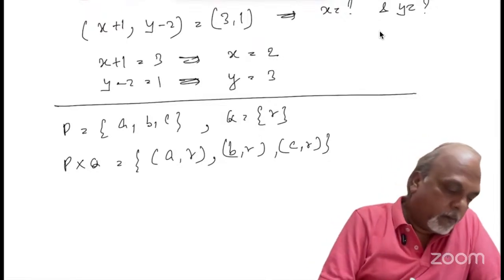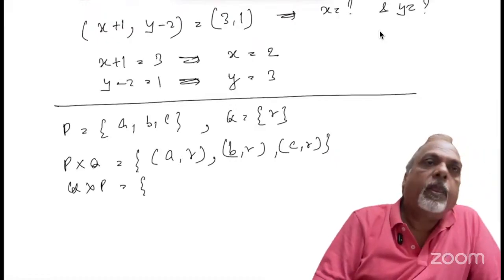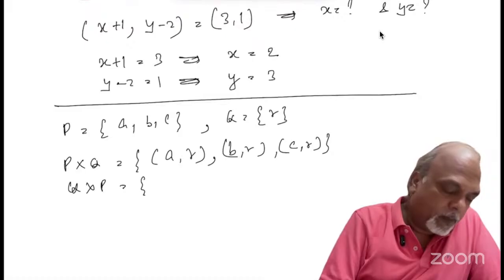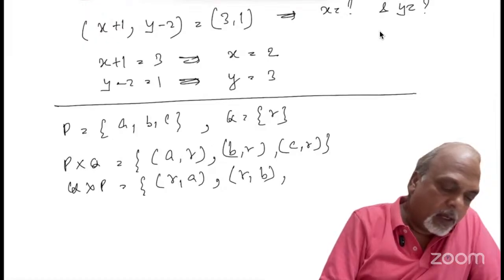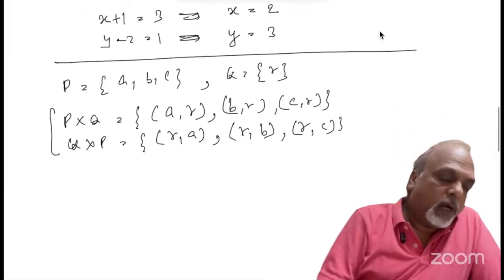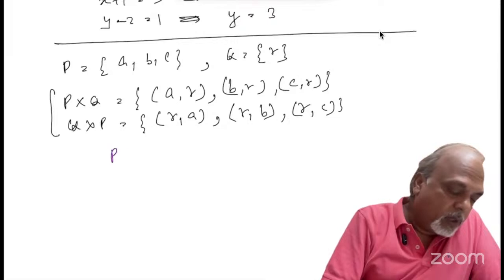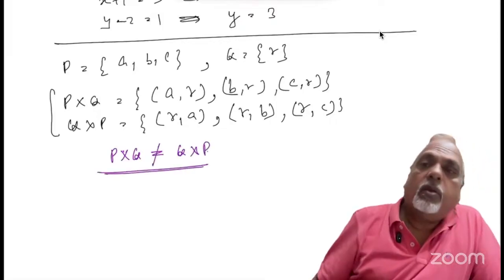Now we see Q cross P. Then we can write it as R, then R, B, then R, C. With this, it is quite obvious that it is not necessary that P cross Q and Q cross P are the same.